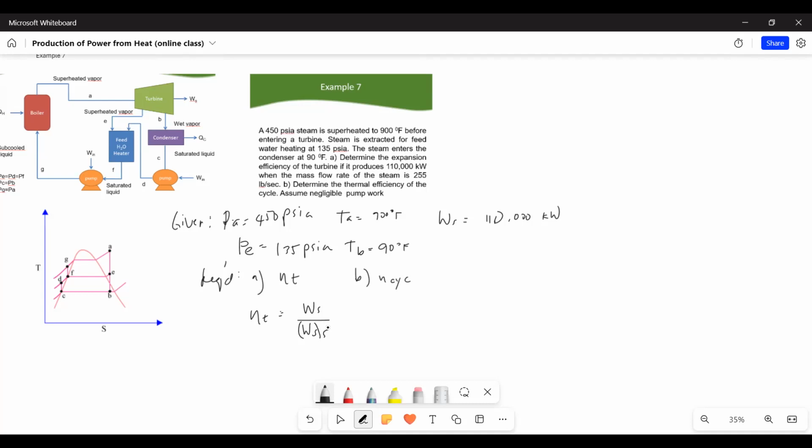So for the efficiency of the cycle, we can compute it by using the isentropic delta H values, right? For the turbine and for the QH. So we can write the equation HB minus HE.